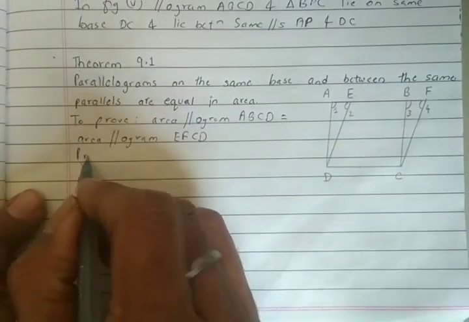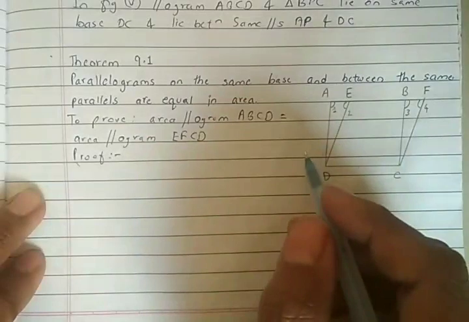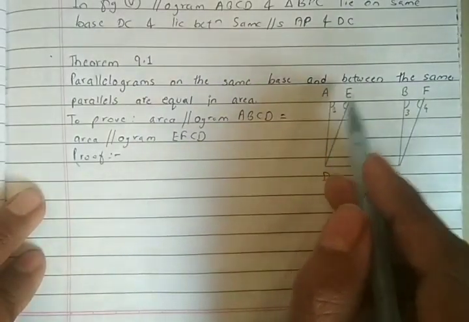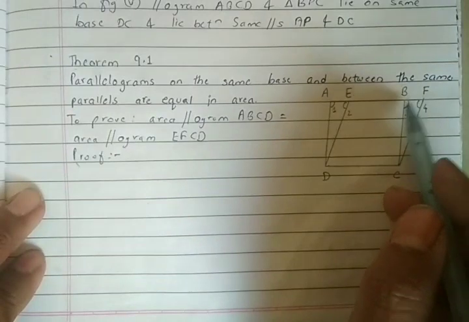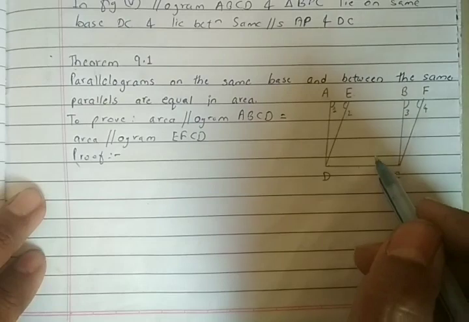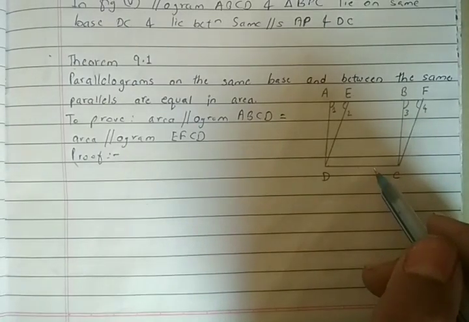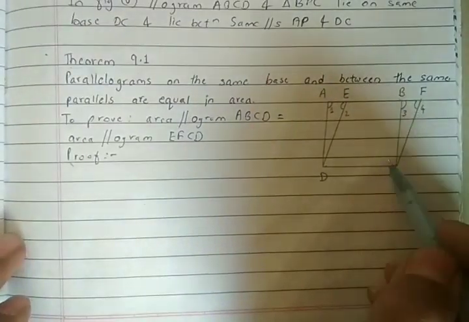So we'll start with the proof. We have to prove that this triangle AED will be congruent to triangle BFC. If we prove that these two triangles are congruent, we can say that the areas of these parallelograms are equal.